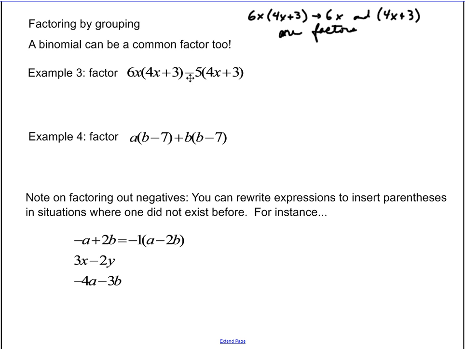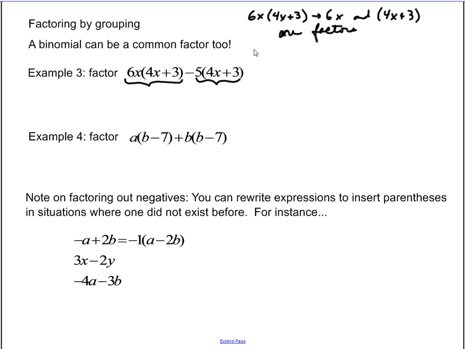Now what? Well, terms are parts of an expression that are separated by addition and subtraction signs. Now, I recognize that within this quantity, 4x plus 3, there's an addition sign. But that doesn't make 4x and 3 different terms to 6x. 6x sees 4x plus 3 as one factor. But if we look at this part of the expression and this part of the expression, they're wholly separated by one subtraction sign.